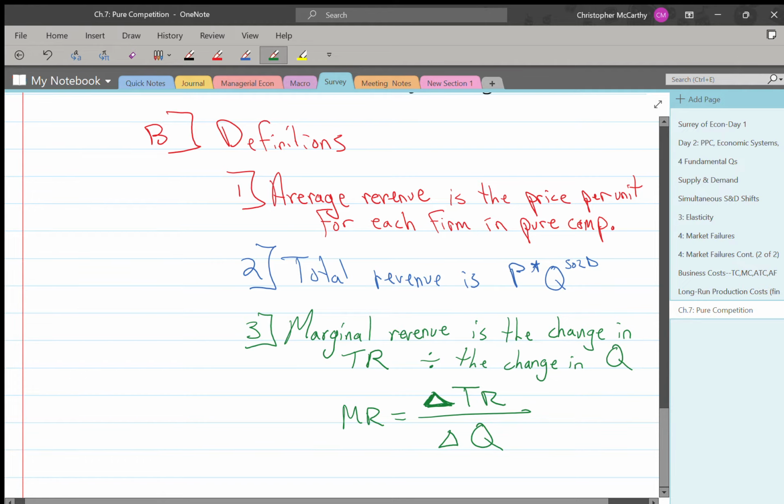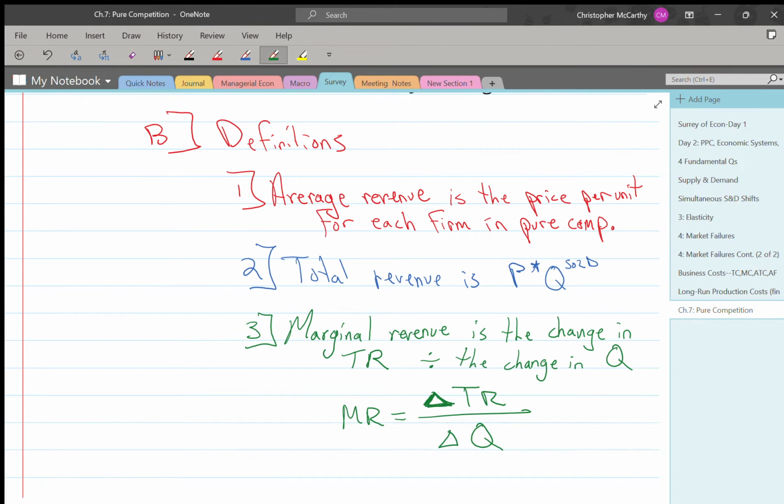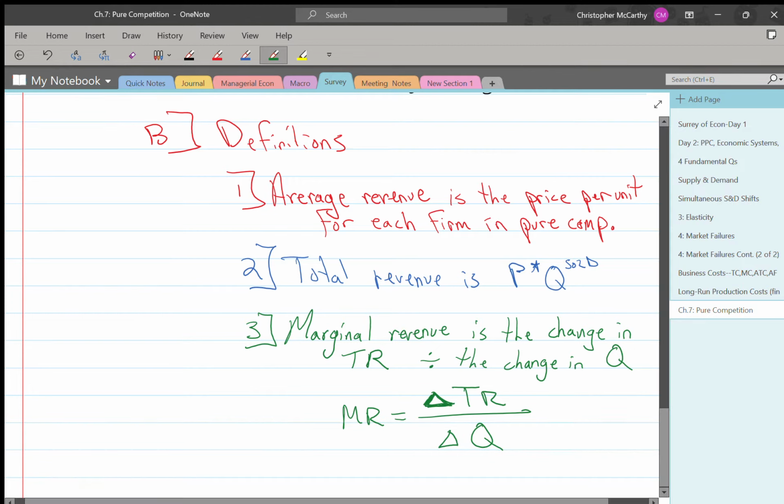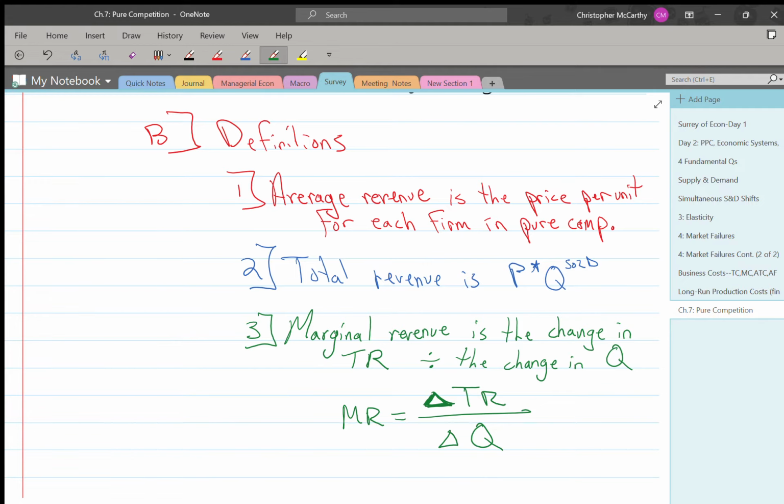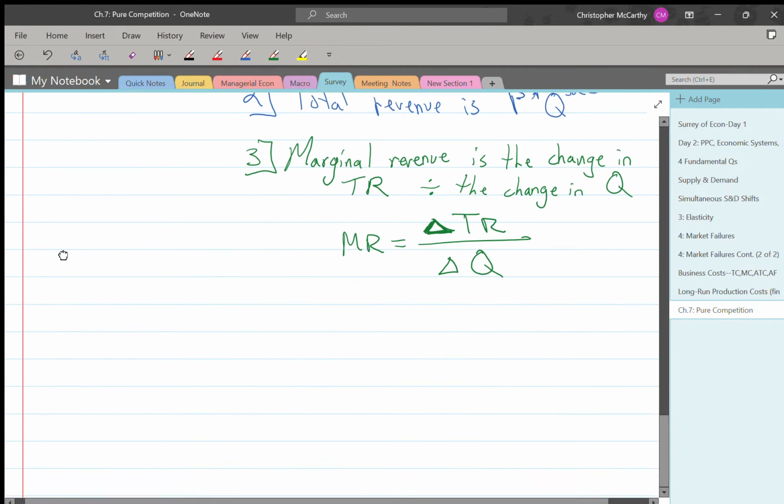All right, so definitions out of the way. Let's go ahead and actually put some stuff together. In all of these different types of economic firms, they're going to be doing what? They're going to be profit maximizing.